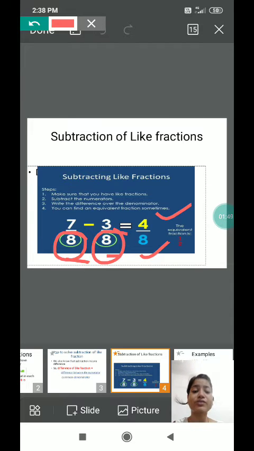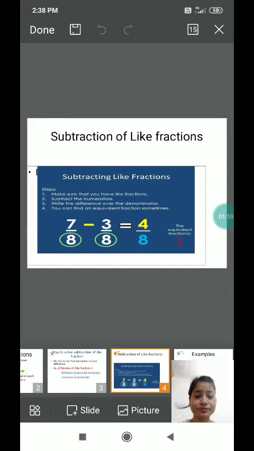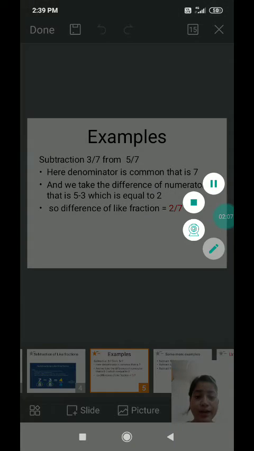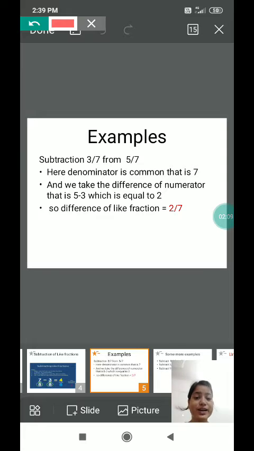So subtraction of like fractions, how can we subtract? By taking the difference of the numerators upon the common denominator. Now I have taken an example from your book, 3 by 7 and 5 by 7.